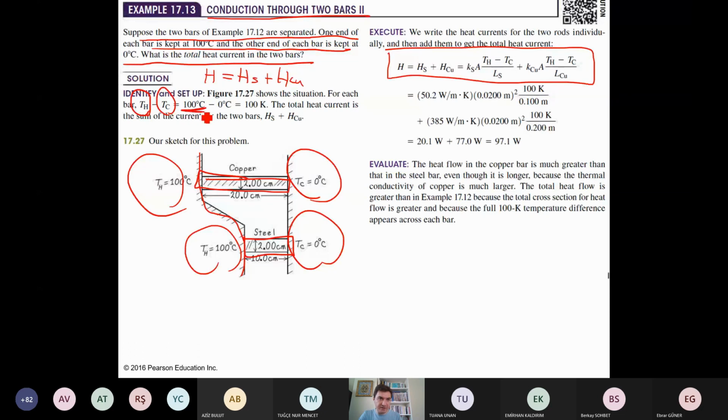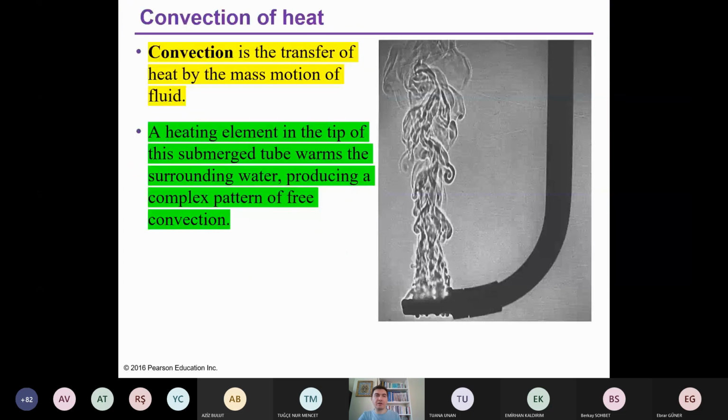Higher temperature is 100 degrees Celsius, lower temperature is 0 degrees Celsius, so delta T is 100 Kelvin. So you can use it here for both steel and copper. And finally, you can calculate this one. Okay, any question here? So let me continue with the convection of heat.